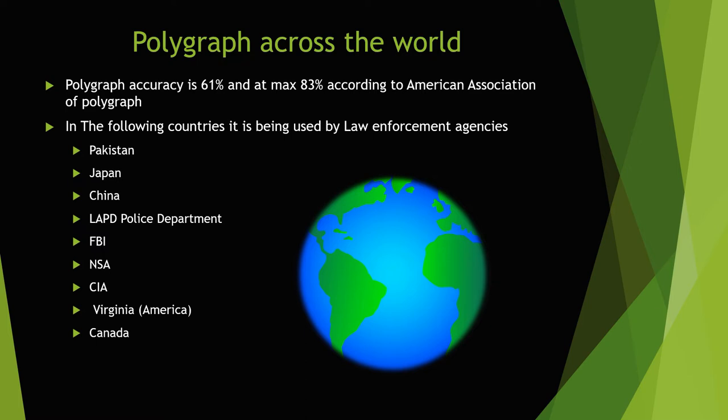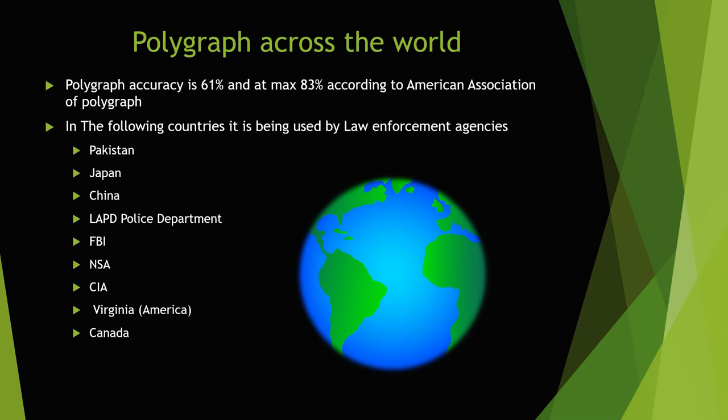First of all, in Pakistan, both military and civil institutions use the polygraph test for the investigation of the truthfulness of a suspect. Japan is the only country in the world that uses the polygraph with the concealed information test to enhance its accuracy and reliability.